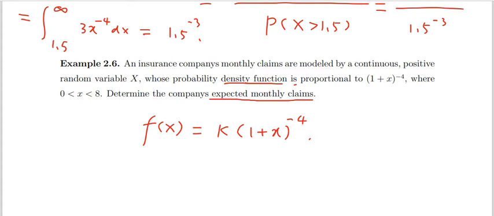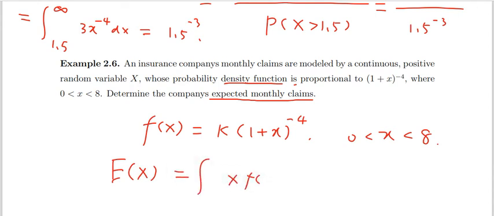And what is the x range? The x range is between 0 and 8. What we want to find is the expected value of x, which is the integral of x f(x) dx, with x from 0 to 8.